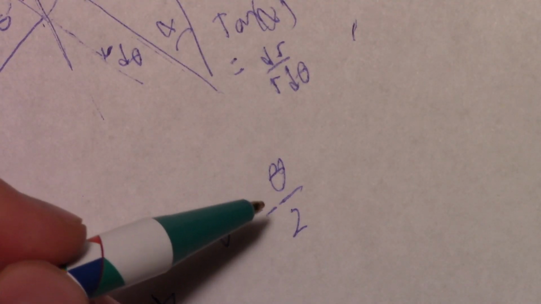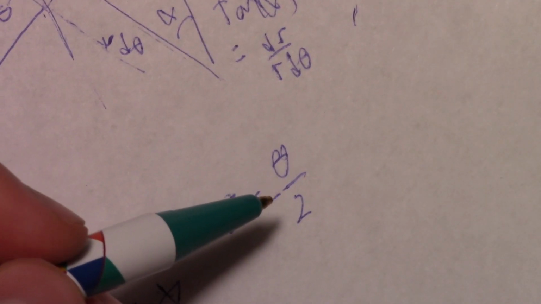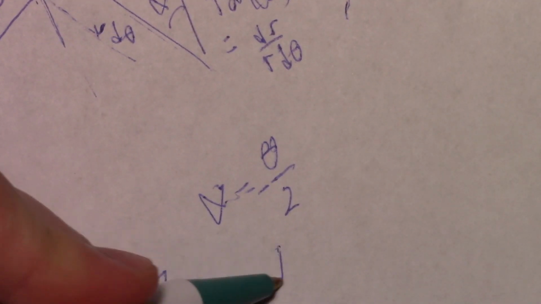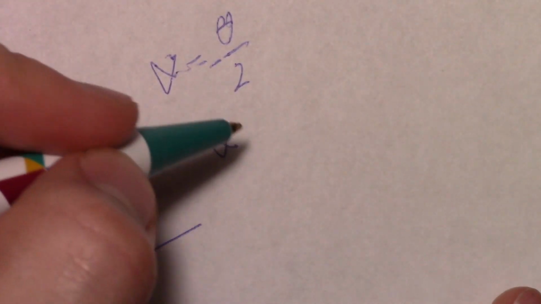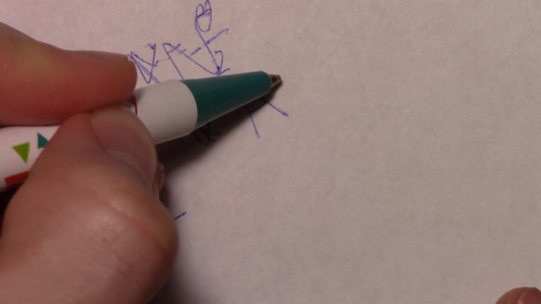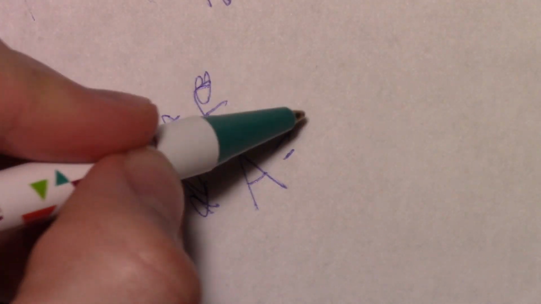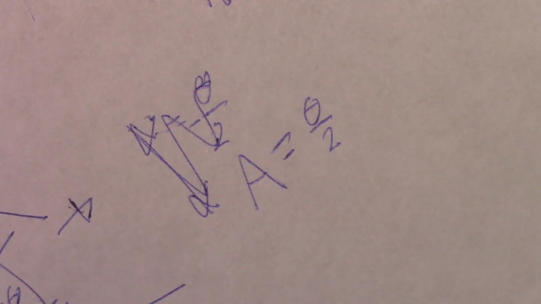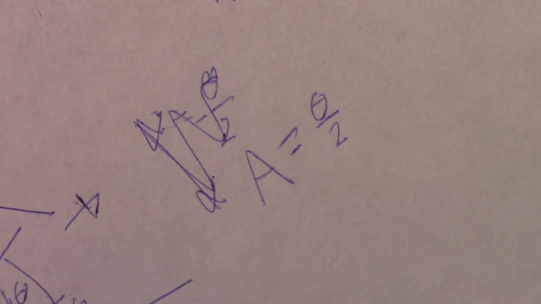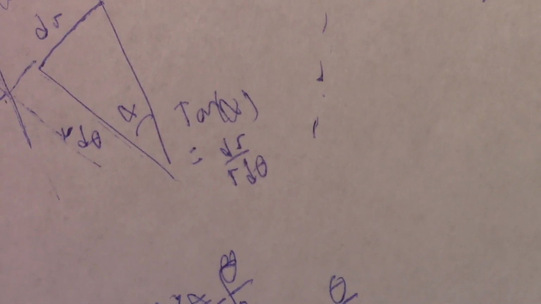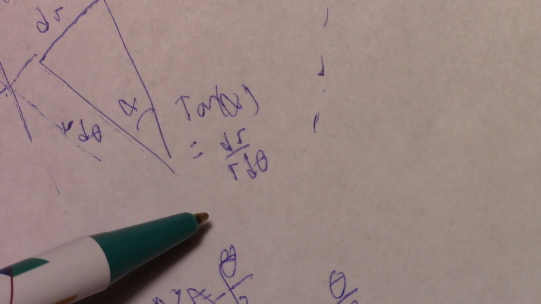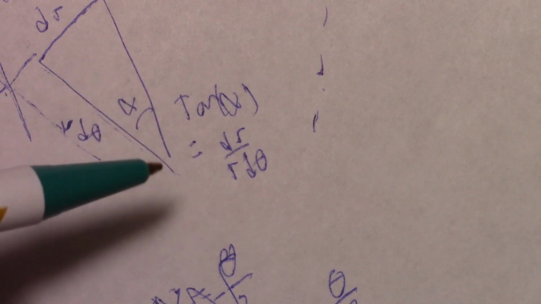I'll try ignoring it. I'll delete this part of the video if it turns out wrong. Okay, alpha now equals, this is big alpha. We'll call it capital A, equals theta over 2. And up here, tangent of alpha equals dr over r d theta.